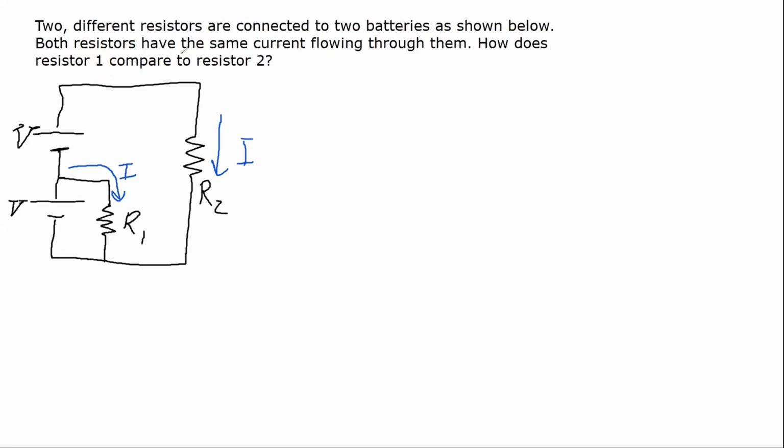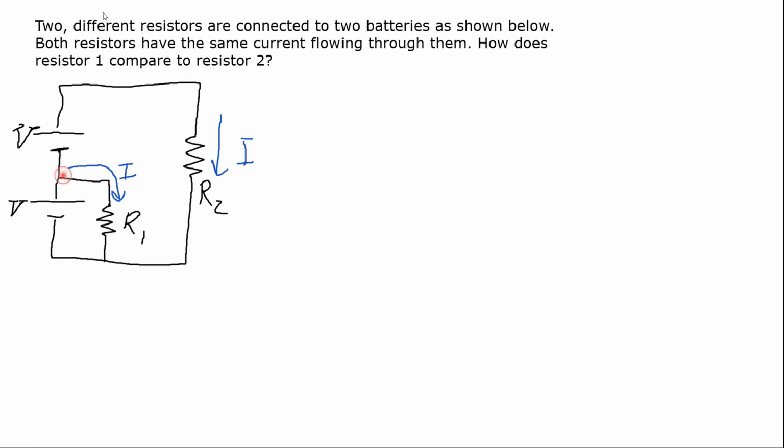I'm going to just focus in on R1 for now. You have a battery here, starts at 0 volts. The battery increases the voltage to V. You keep going, all this wire is at V, right? The voltage is whatever V is, 5 volts, whatever number it is.